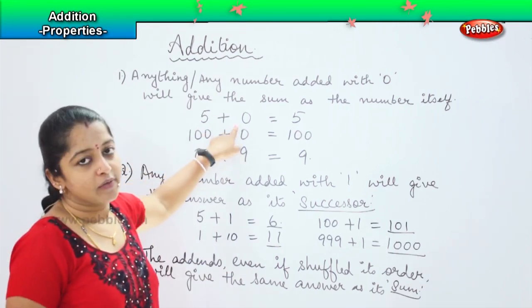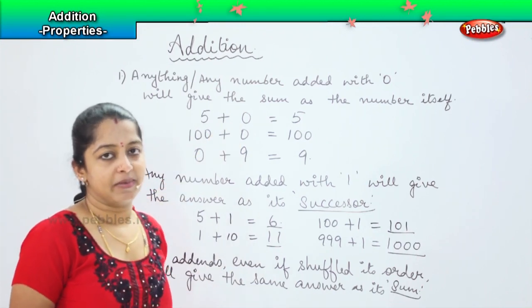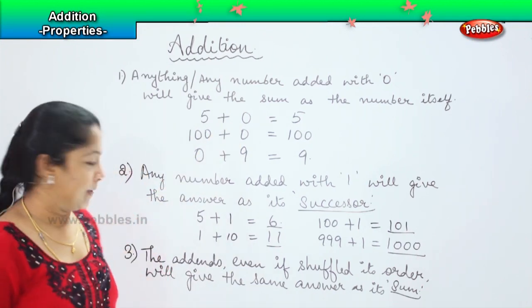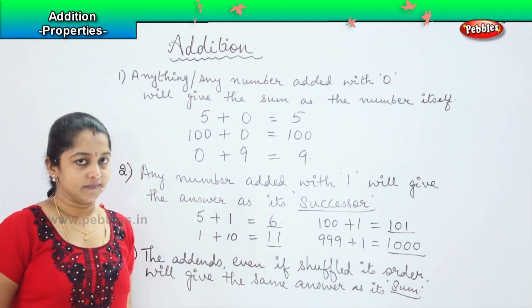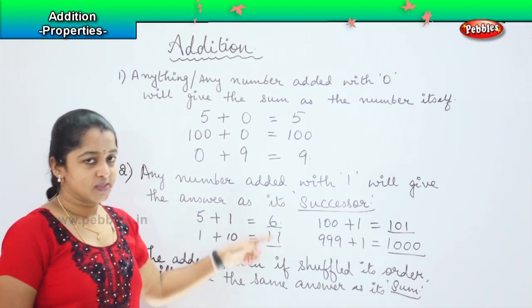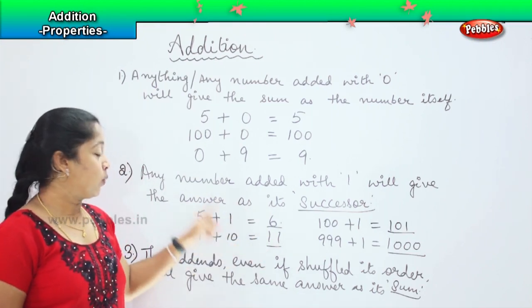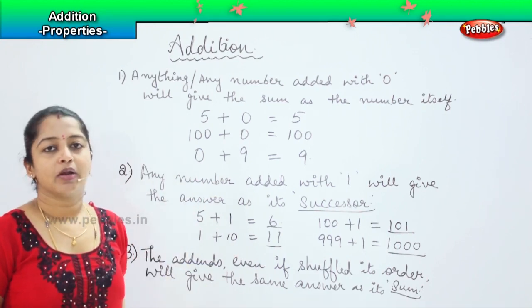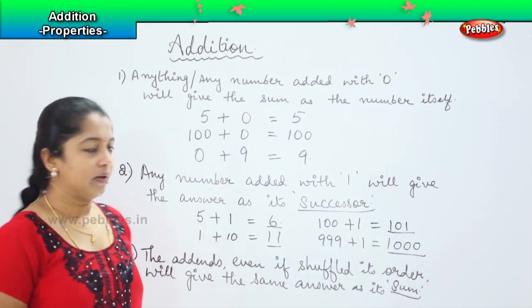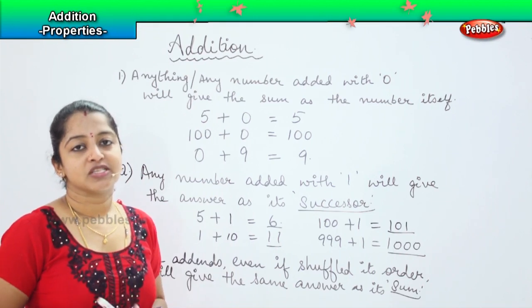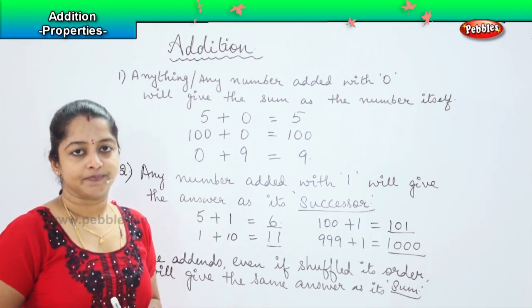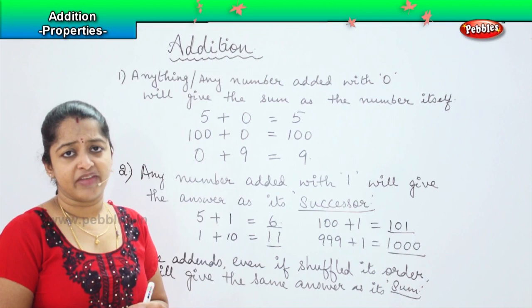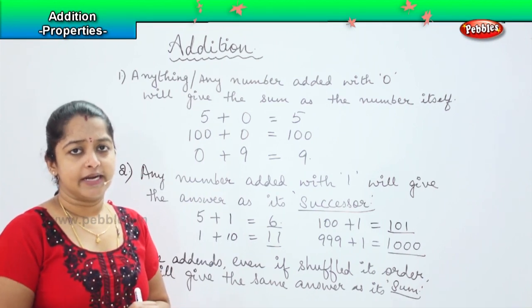Okay, this is the case of 0, right? So, anyway the answer will remain the same. We will come to this example. 5 plus 1 is 6. Okay, if I write 5 plus 1 or I write 1 plus 5, my answer will not get affected. My answer will remain the same, meaning the order is not important in addition. You can group it in whichever way you want in order to find the addition.